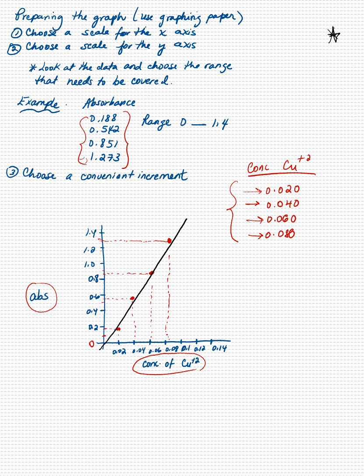Now you need this graph to find the concentration of your unknown. So you have in your table the unknown number, in the label you copy that number, you measure the absorbance, and you have that absorbance.